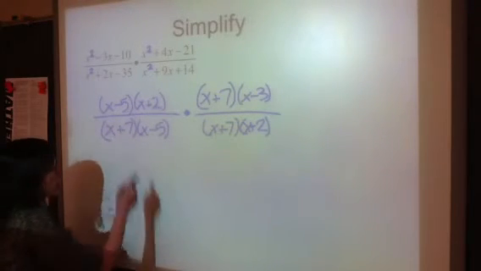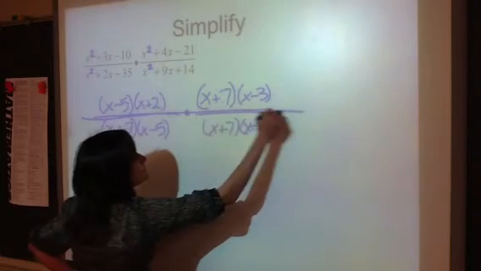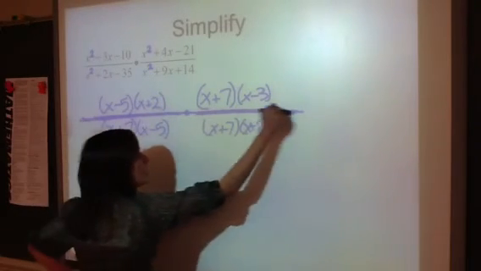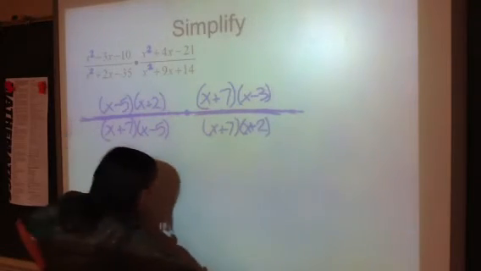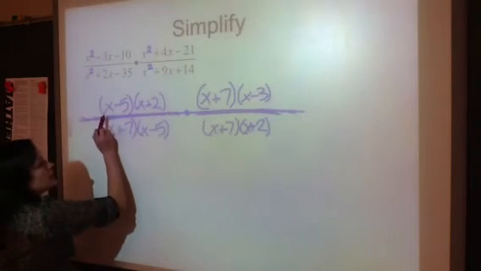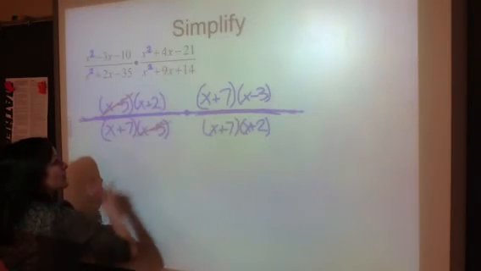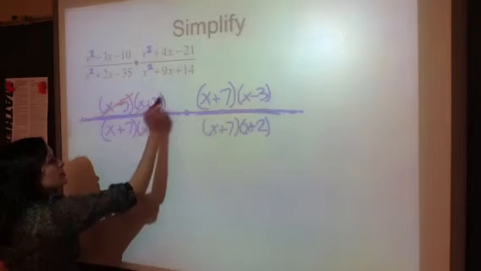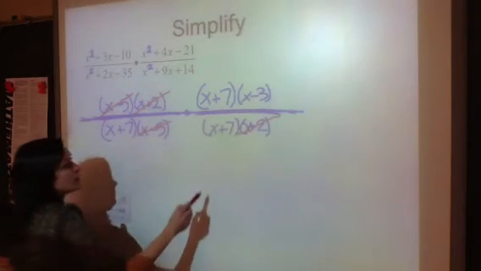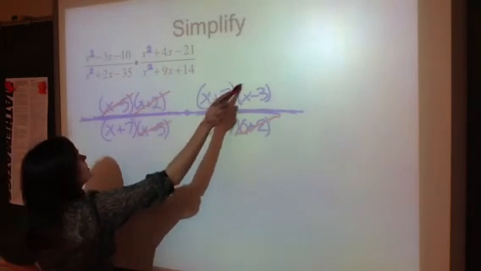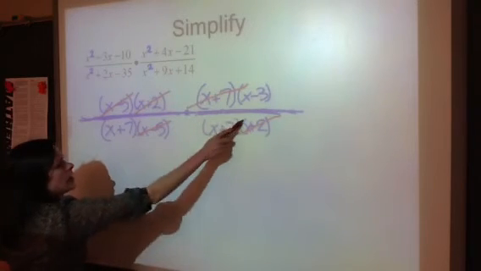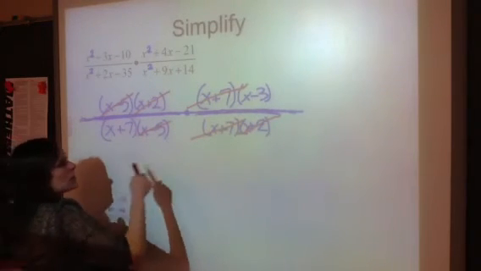So what we are going to do is we are going to make our division bar go all the way across. Now cross out. So on top we have x minus 5. Yay, I have one right there. Here we got x plus 2, and I have one right there. We have an x plus 7 and an x plus 7. It doesn't matter which one you cross out.